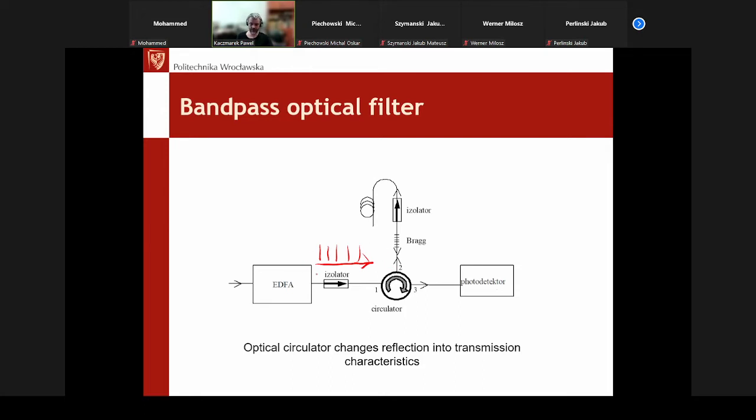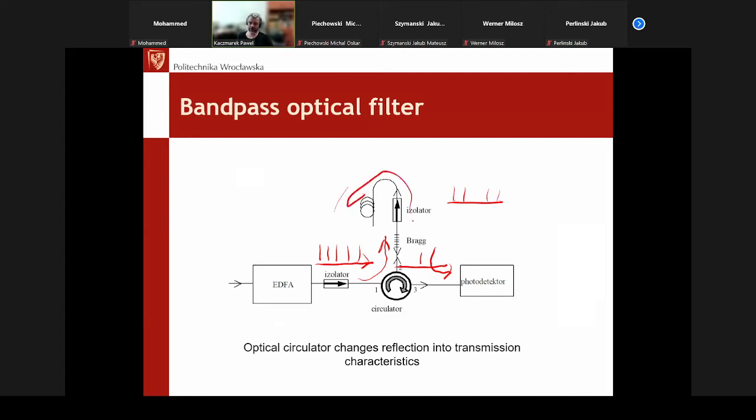So if we simply put such a signal through the circulator to the Bragg grating, only one of these channels will be reflected and go to the photodetector, and the other channels will simply go through the Bragg grating and go to other parts of our system.